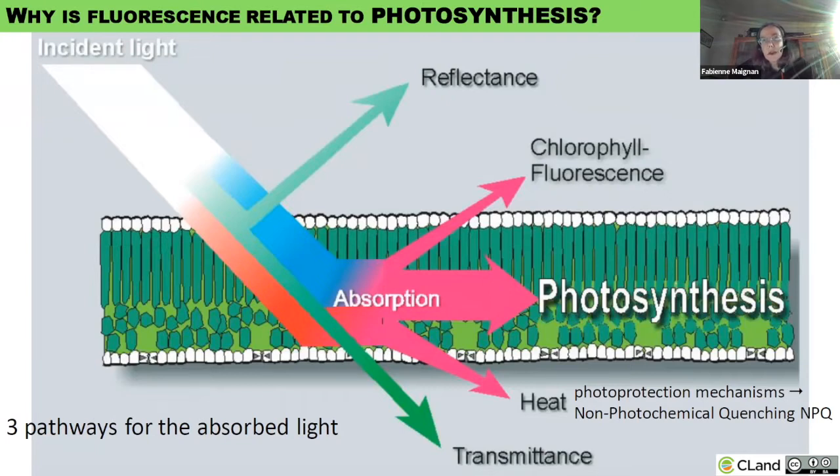So this is dissipation through heat. And finally, the remaining energy is re-emitted as a radiation at a longer wavelength. And this is what we call chlorophyll fluorescence. And as it is a radiation, it can be measured from space.